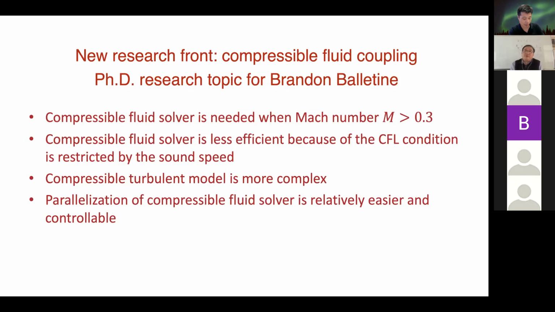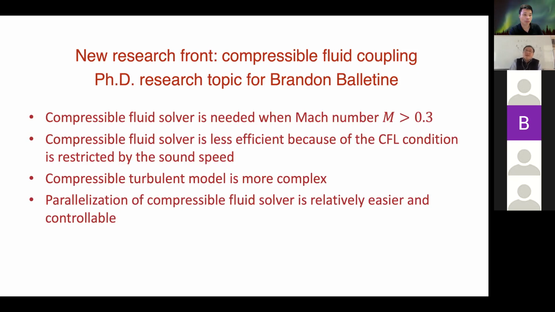Another thing we considered is that maybe our parachute model can be used to study re-entry parachutes as well. In fact, we sent a proposal to NASA, but it was not funded.